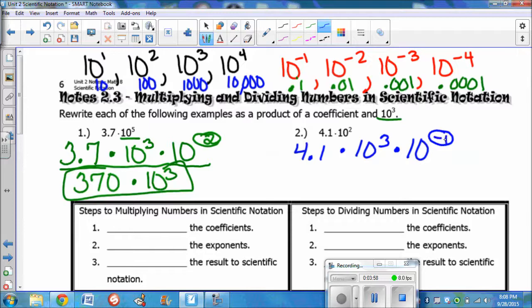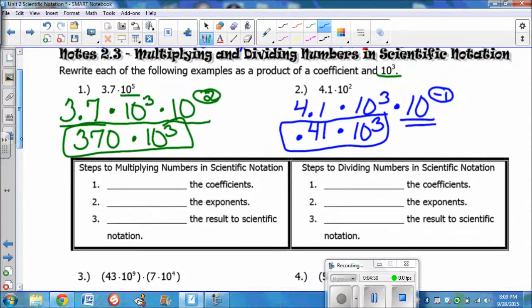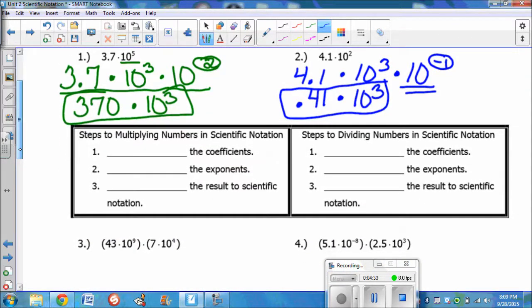That's a negative 5. Hmm, let me redo it: we need to go from 10 to the negative 2 to 10 to the third. Right now we have 4 ones, but we need to make that 4 tenths. So we would say 0.41 times 10 to the third. We will continue to practice that in class and do lots more of those to gain a really good understanding.